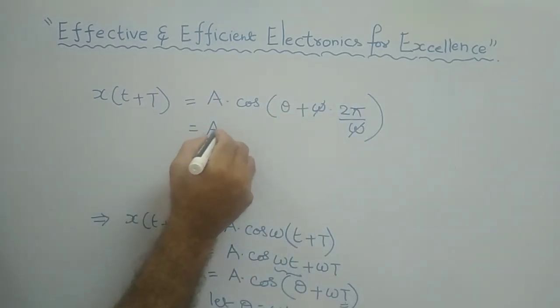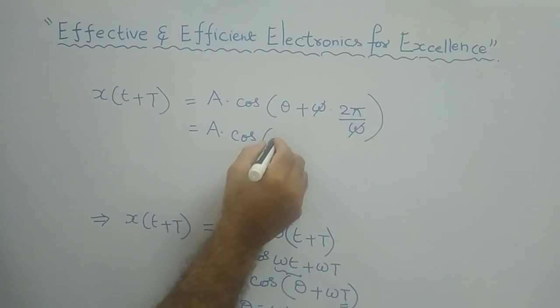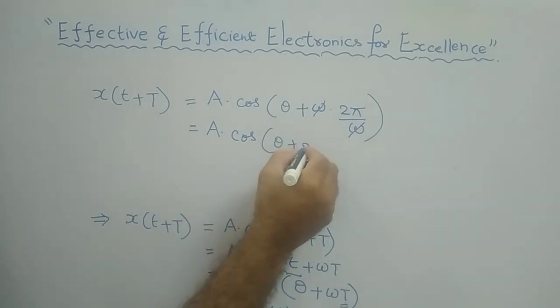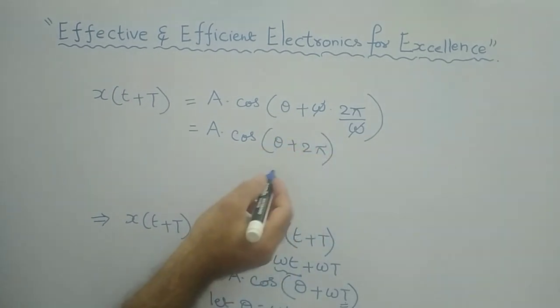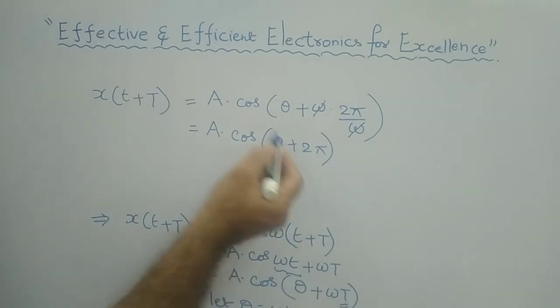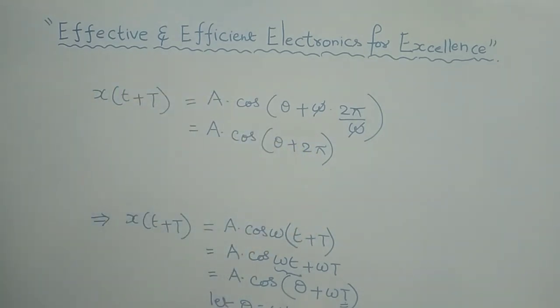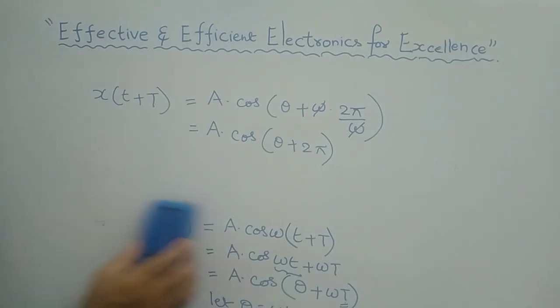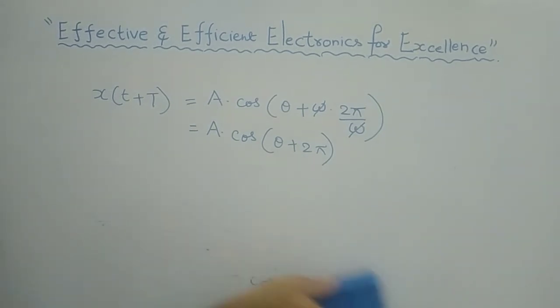Then you will have here a cos, it is theta plus simply 2 pi. It is nothing but cos of 2 pi plus theta. Pi is equal to 180, therefore 2 into 180 is 360.